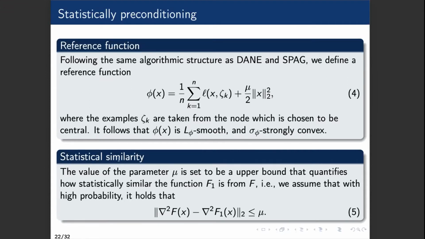So here we can see in equation 5 that we assume that the Hessian of the whole function f of x is similar to the Hessian of f1 of x, so it's only the central node part. And under this statistical similarity, we will create this function.